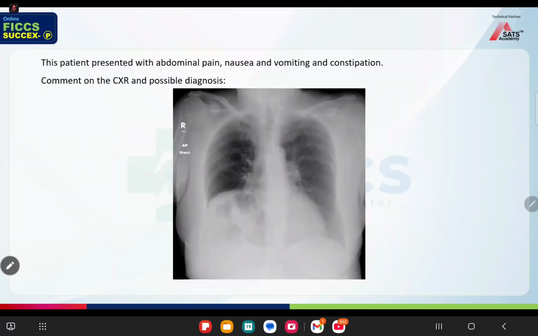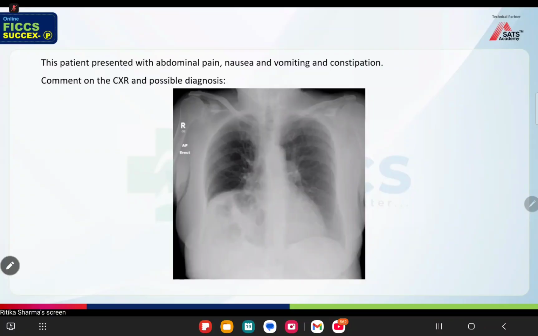This patient presented with abdominal pain, nausea and vomiting and constipation. Comment on chest X-ray and possible diagnosis. This is an AP view, erect. After the horizontal fissure of the right side, there are few bronchograms available.